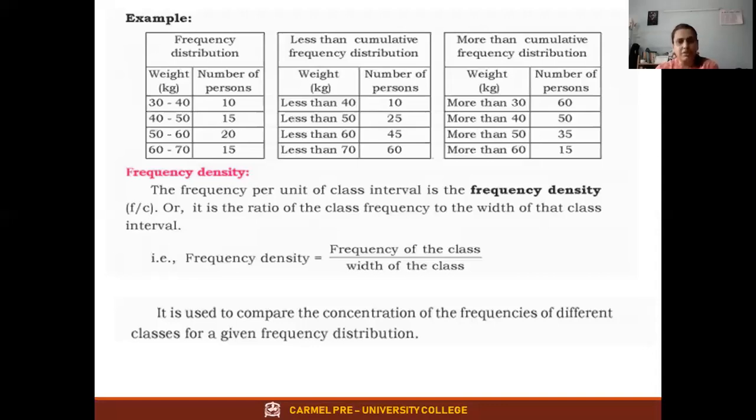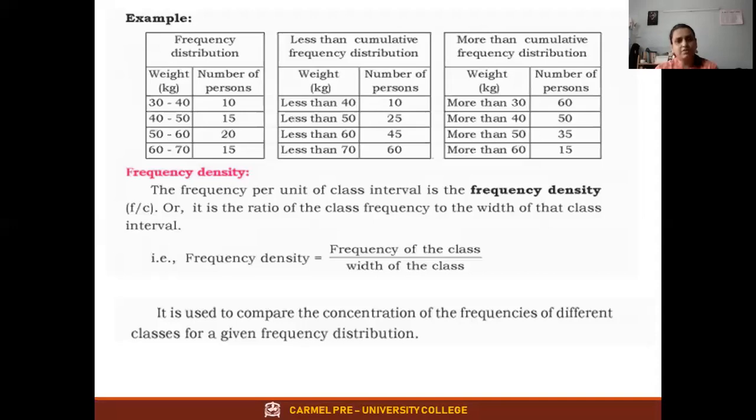You get 45. 45 you have, add 15. You'll get 60. So 10 plus 15 is 25, 25 plus 20 is 45, 45 plus 15 is 60. This is how you write less than cumulative frequency distribution.